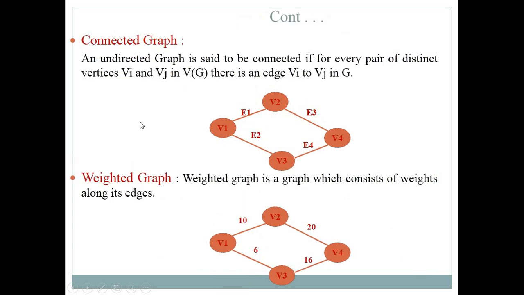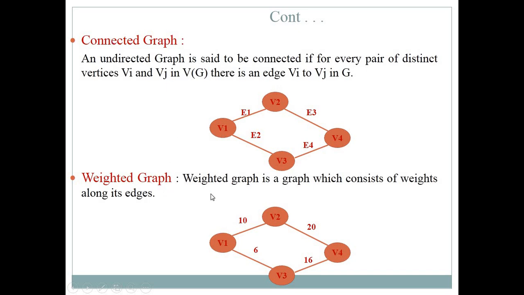Okay. Now connected graph. An undirected graph is said to be connected if for every pair of distinct vertices Vi and Vj, there is a path from Vi to Vj in G. If for every pair of vertices edges are available to connect them, then it is known as a connected graph.